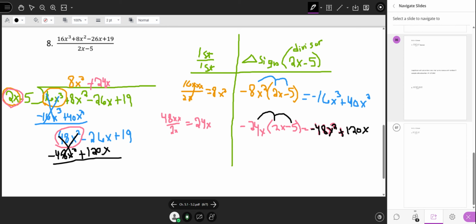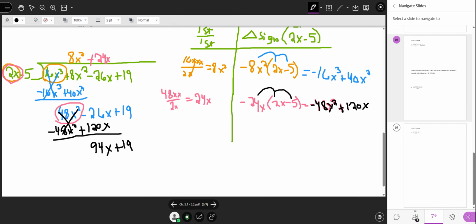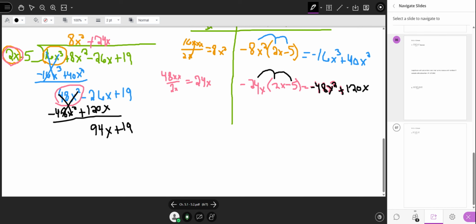Now, 120 minus 26 gives us 94. Whew, one more time.